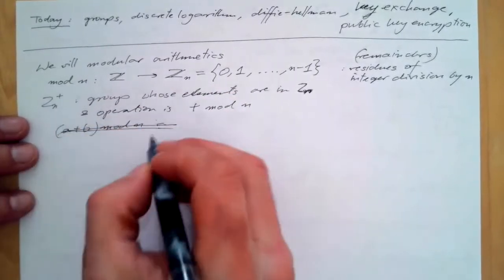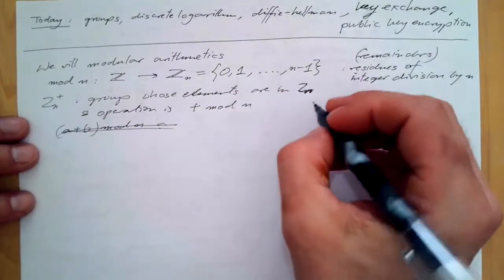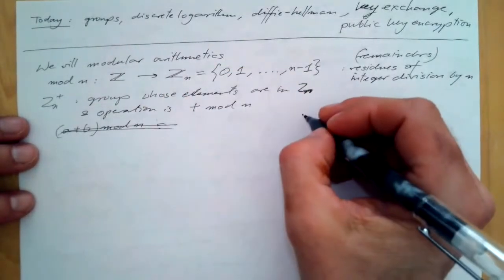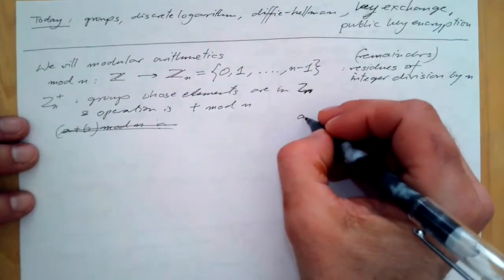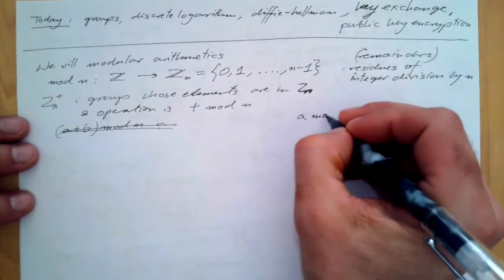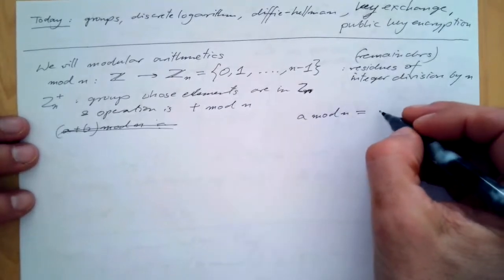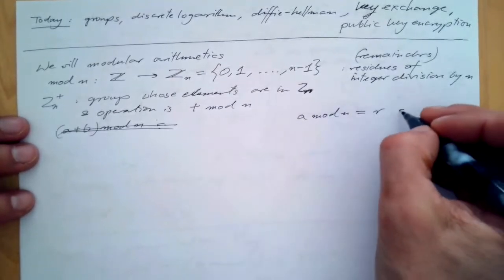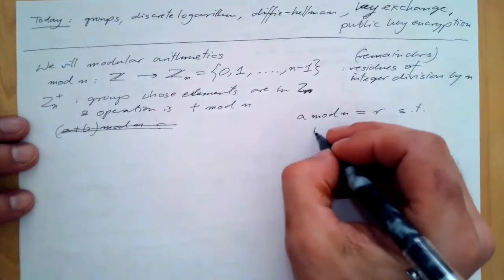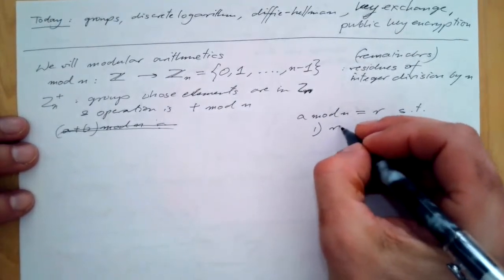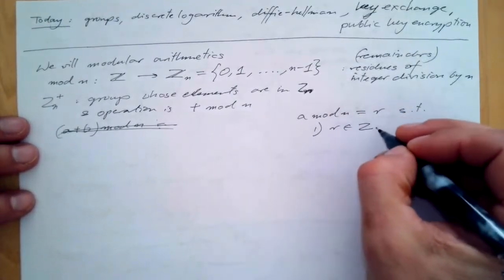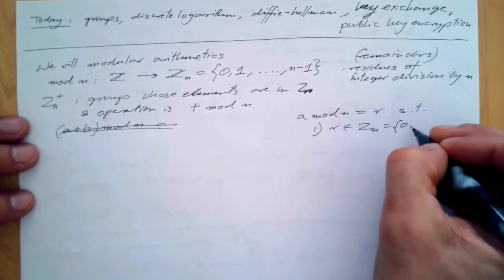Okay, I guess I should define the function. So a mod n is the unique remainder r such that two things happen. First of all, r is in Zn, so it's in this set.